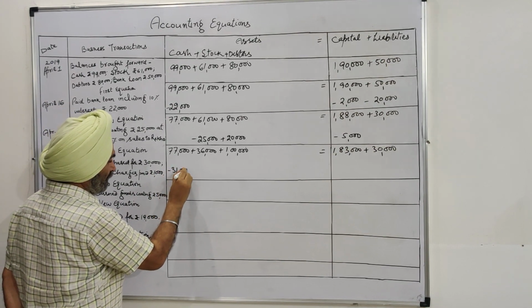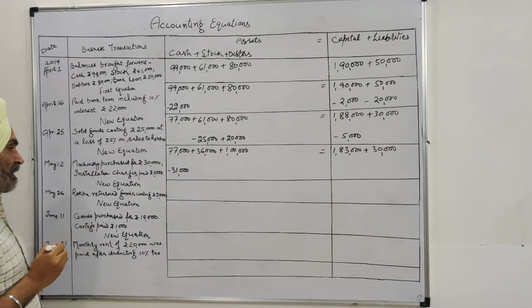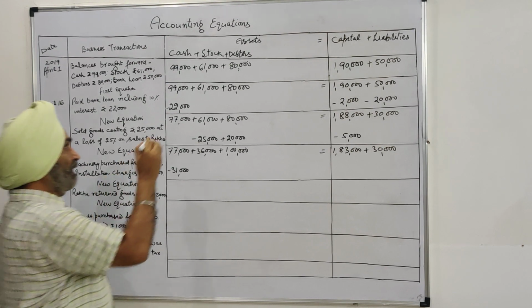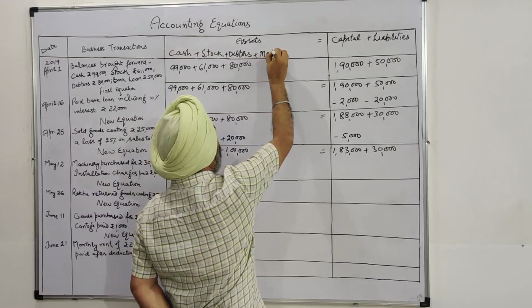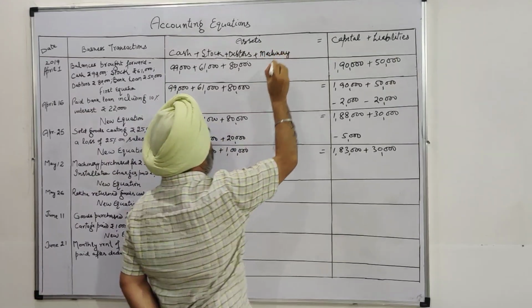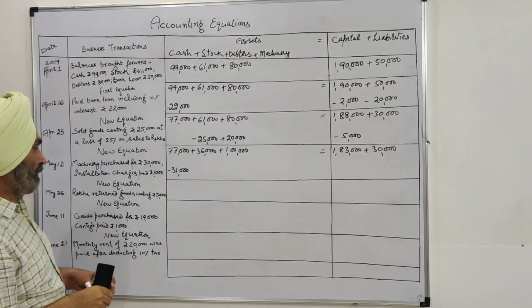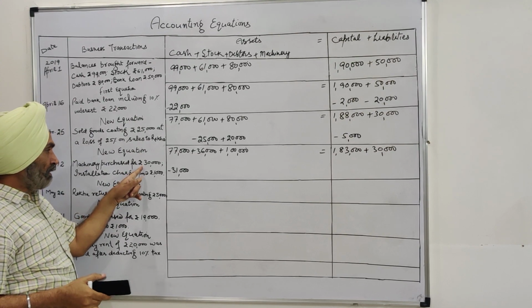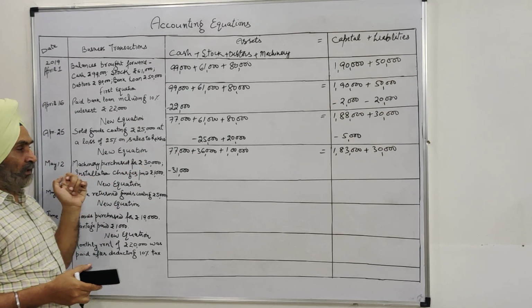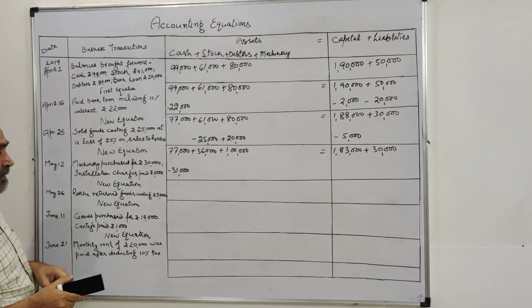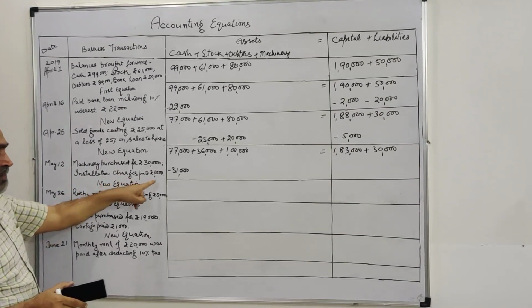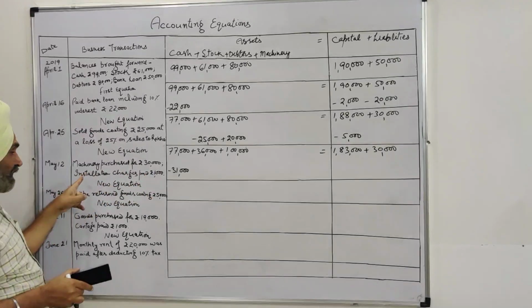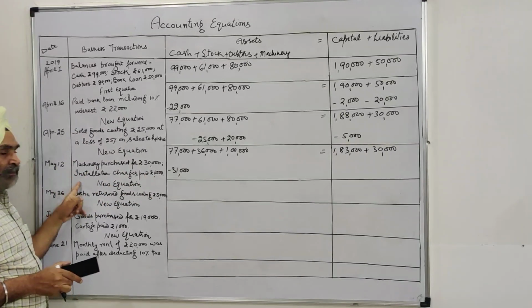So our 31,000 cash will decrease, and our new asset, machinery, will come into picture. So machinery purchased for 30,000, it will increase by 30,000. But what about this installation charges? Is it a revenue expenditure or a capital expenditure?